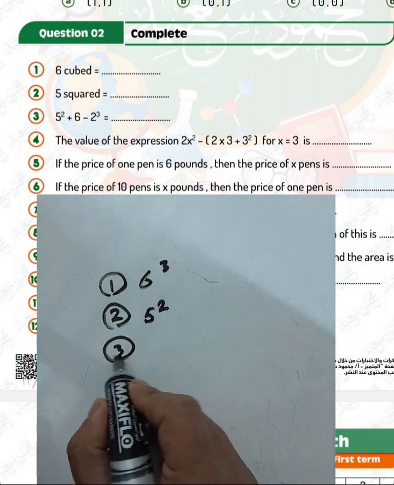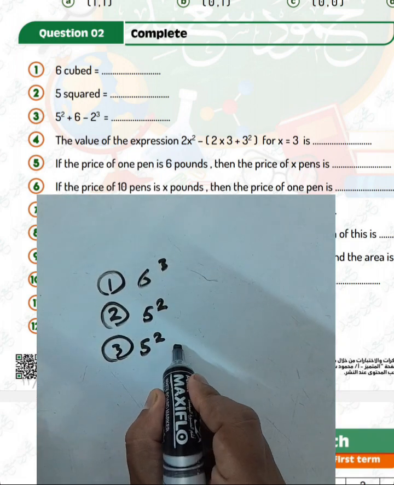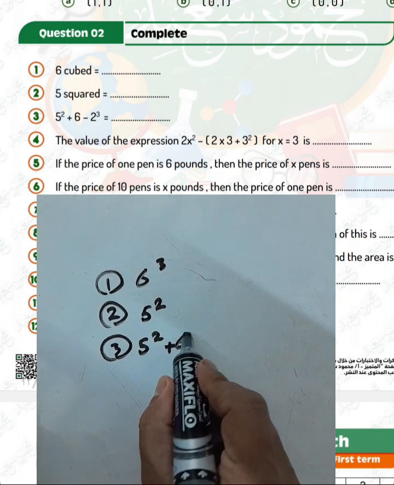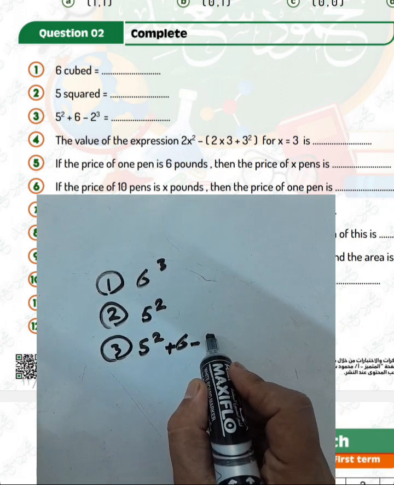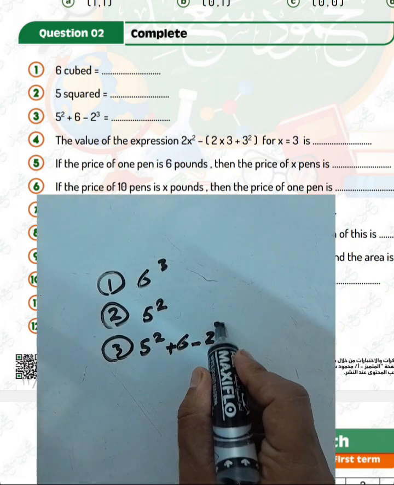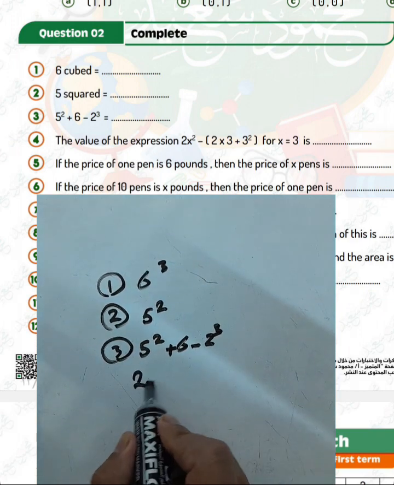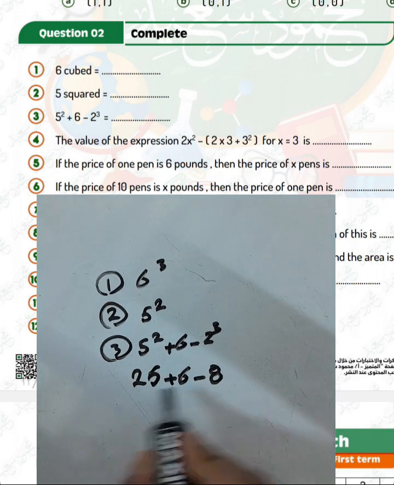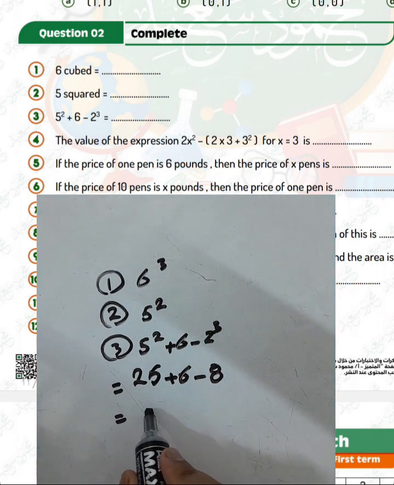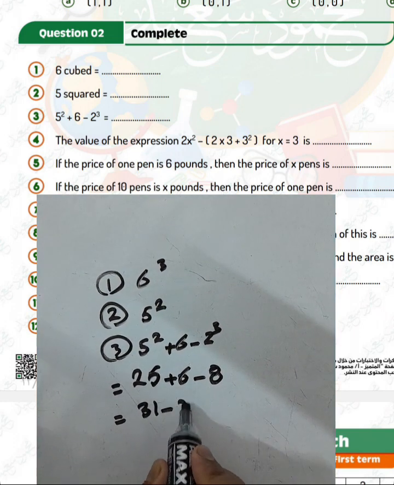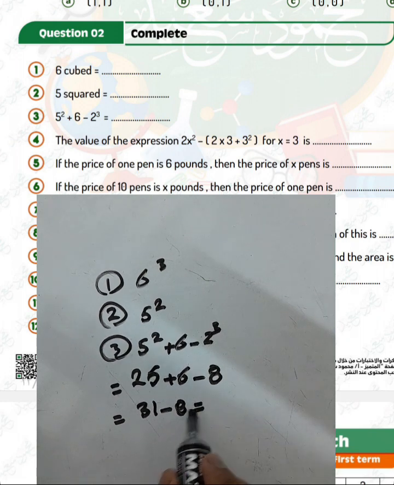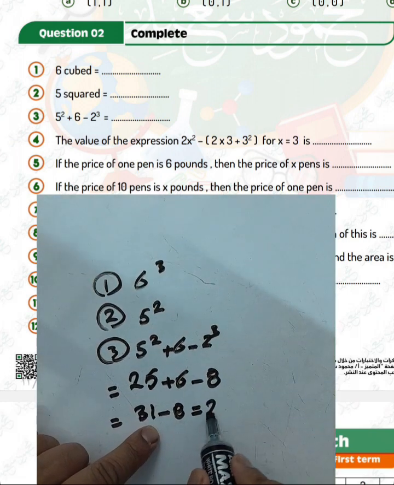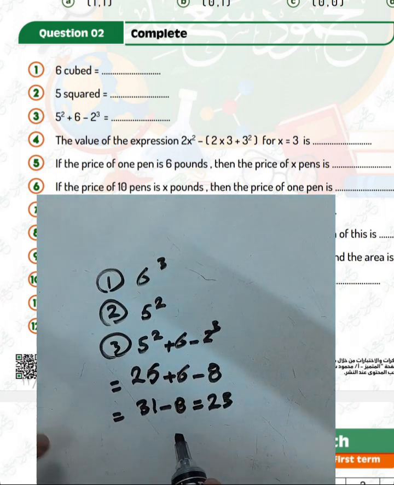Question 3, 5 power 2 plus 6, subtract 2 power 3. 5 power 2 is 25, plus 6, subtract 2 power 3 which equals 8. 25 plus 6 equals 31. Subtract 8, here it will be 23. The result will be 23.